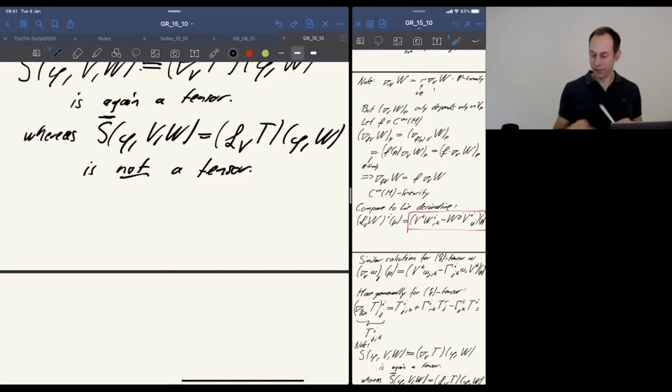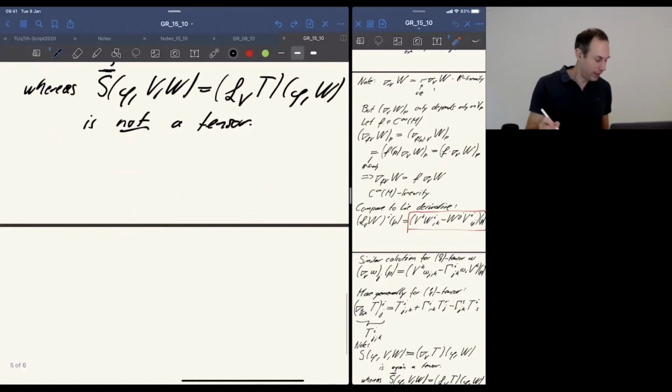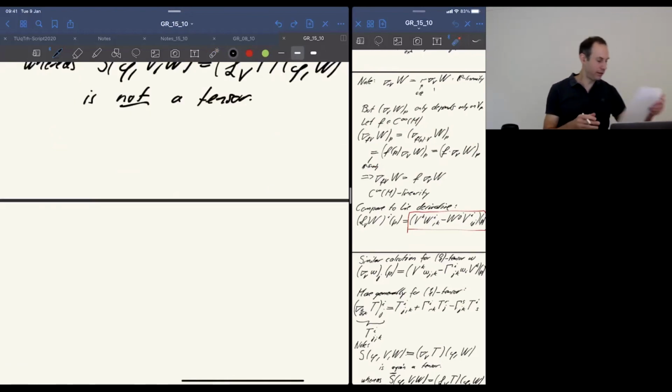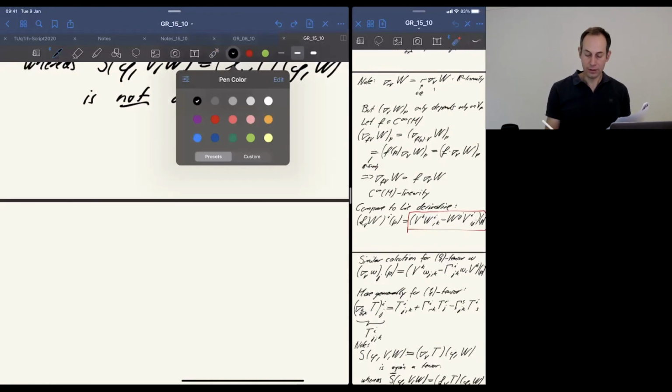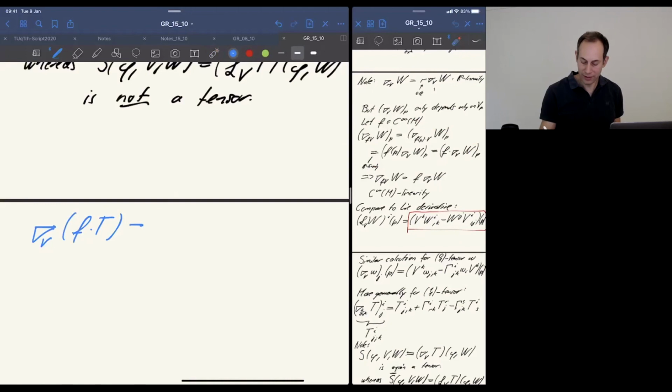So the question is about the following. We have not yet looked at properties, but you will actually see properties of the derivative in the exercise series. And the derivative, as you will see, will have the usual properties that derivatives have. Namely, for example, the following. If you take the derivative of something like f times the tensor, then what you get is a product rule.